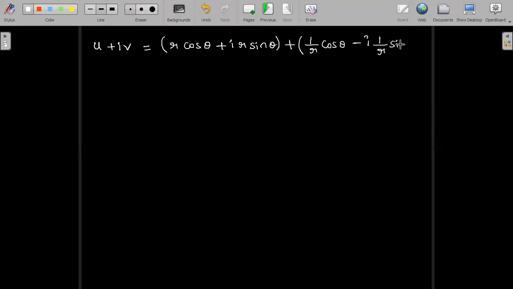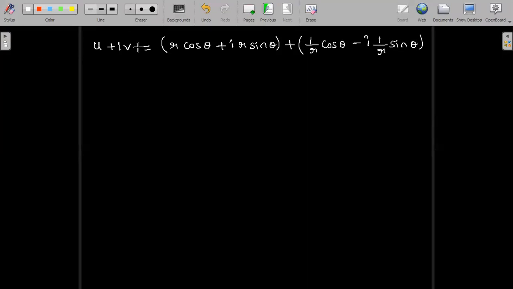Left hand side I will retain u plus iv as it is, and the right hand side I can write down as r into cos theta plus i into r into sin theta plus 1 by r is multiplied inside for the second term. So this gives 1 by r cos theta minus i into 1 by r sin theta.